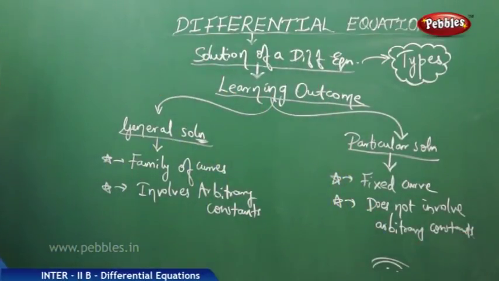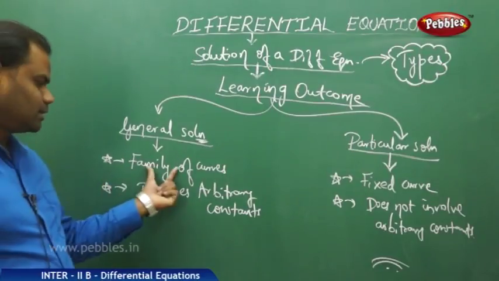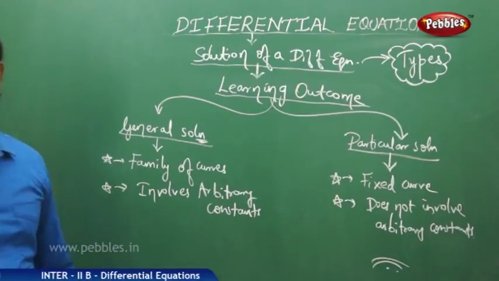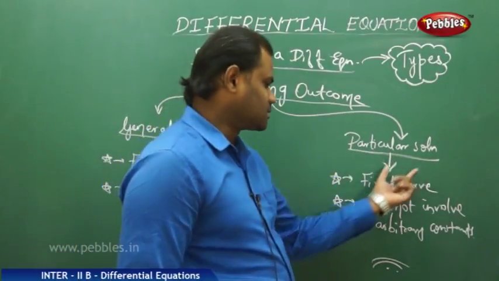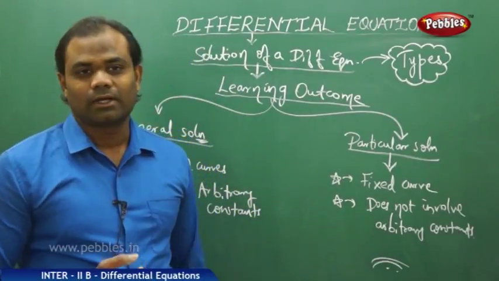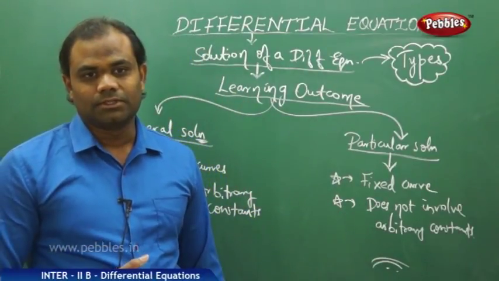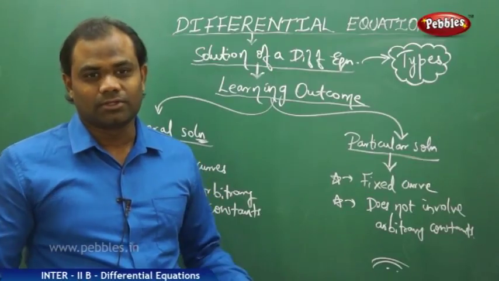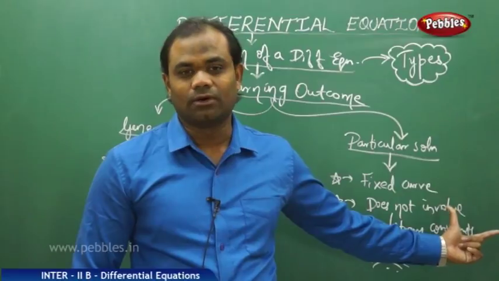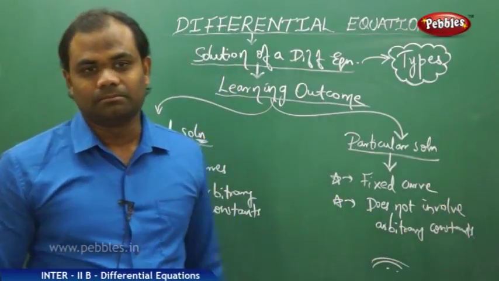So the learning outcome for the general solution is that it always represents a family of curves and involves arbitrary constants, and the particular solution is a particular or fixed curve and does not involve arbitrary constants. The general solution and particular solution have their own respective definitions, is how I understand the learning outcome.